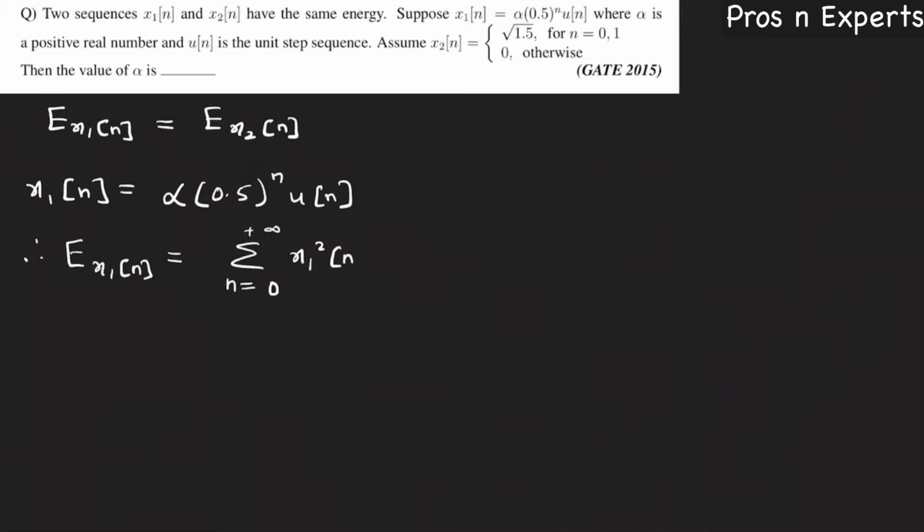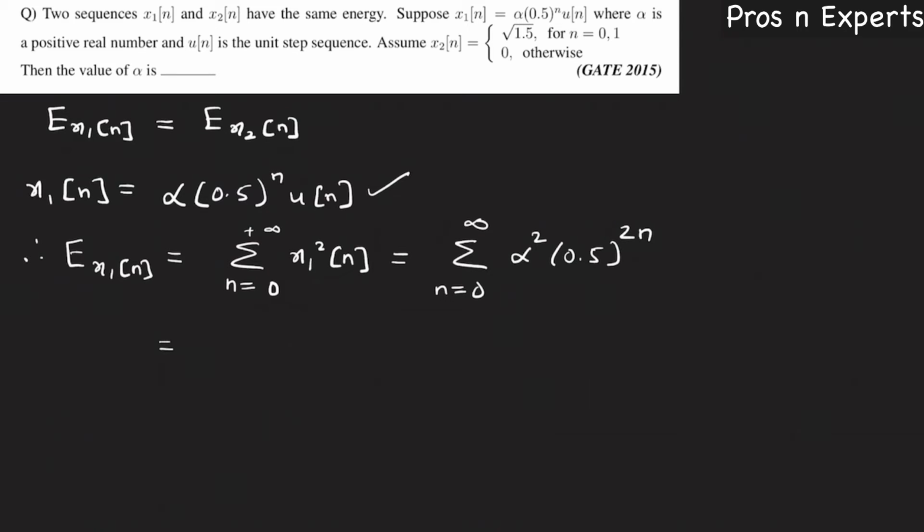x1 square of n, this is equal to sigma n equal to 0 to infinity. What is x1 square of n? We need to square this signal, that is alpha square into 0.5 to the power 2n. Now we can expand this summation. There is no other option left, so we open this.